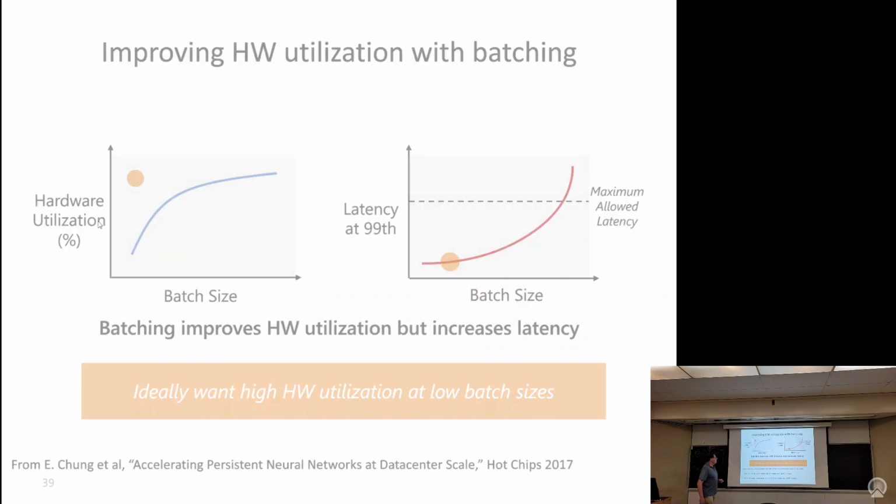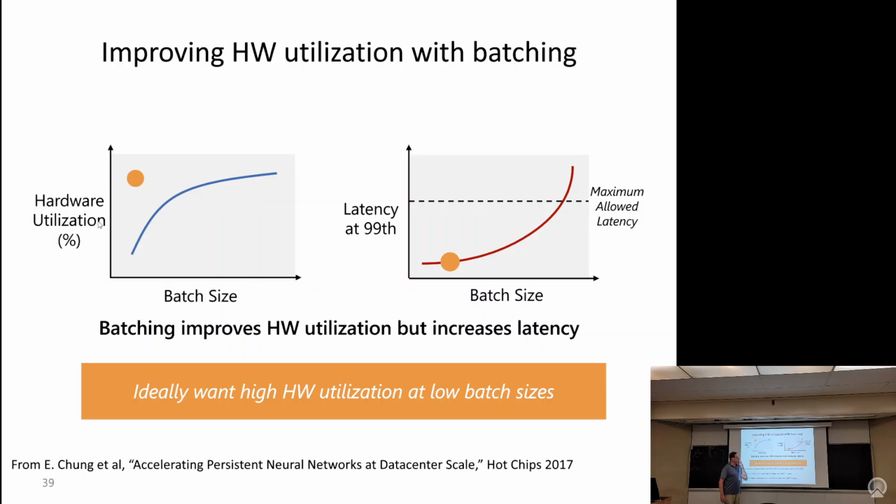So one of the things people do to try to improve utilization of the hardware is batch. I stole this from Eric Chung of Microsoft, I think now NVIDIA. NVIDIA's sucking everybody up, but he was at Microsoft when he wrote this.